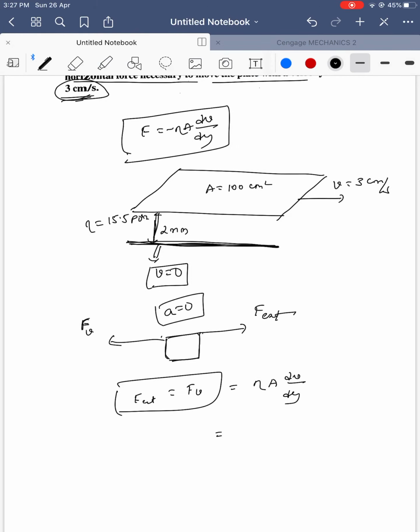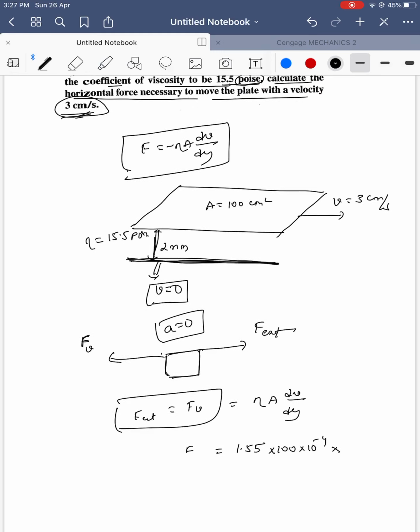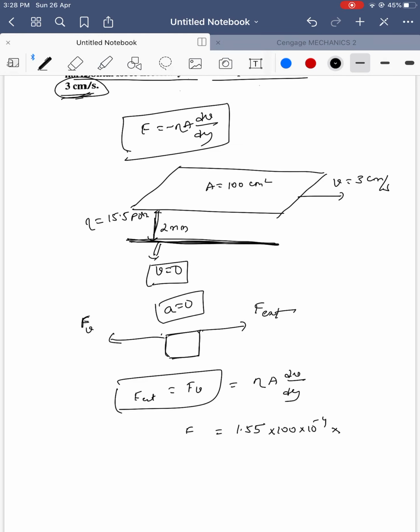15.5 poise, and it is equal to 1.55 Pascal second, into area 100 centimeter square. Everything is in centimeters, so convert everything, or 100 into 10 power minus 4. I am converting into meters. Why take unnecessary headache? And dV is equal to 3 centimeter per second, so 3 into 10 power minus 2.